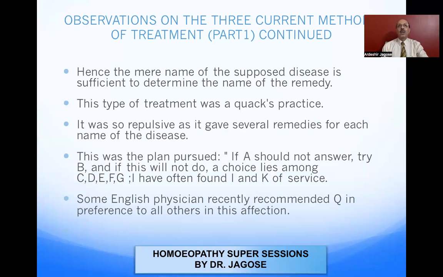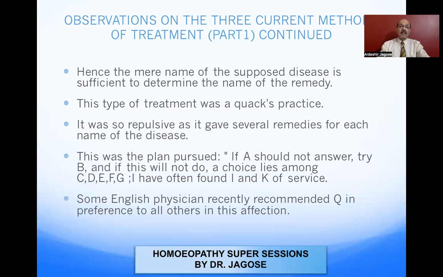So that is a total of bogus treatment what they were giving, or a quack would give if he would treat the patient in this manner. It was so repulsive as it gave several remedies for each type of the disease. So it was a very repulsive treatment. Why? Because not only one medicine, but many medicines were given in order to cure the disease.